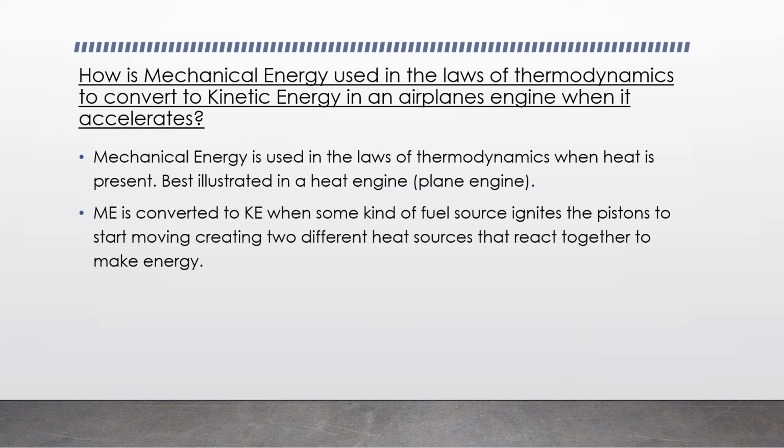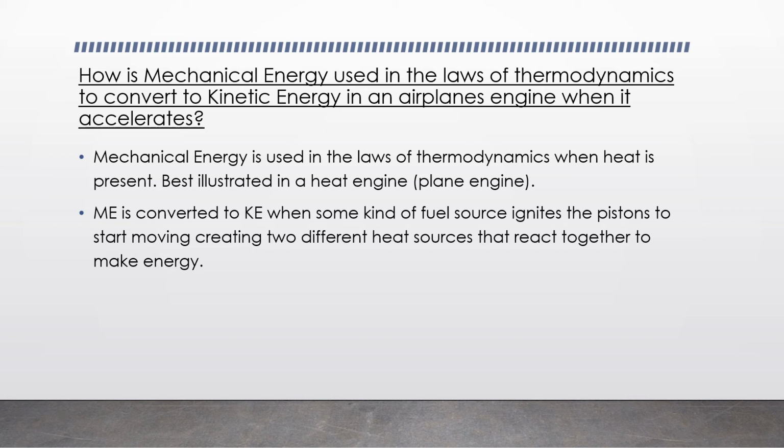Okay, so after learning about the heat engines and how they're used and the process that makes them work, I could finally answer the question: how is mechanical energy used in the laws of thermodynamics to convert to kinetic energy in an airplane's engine when it accelerates? So mechanical energy is used in these laws when the heat is present, so high temperature heats, but best illustrated in the heat engines shown in the last few slides.